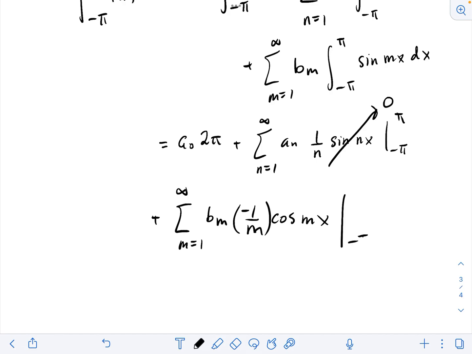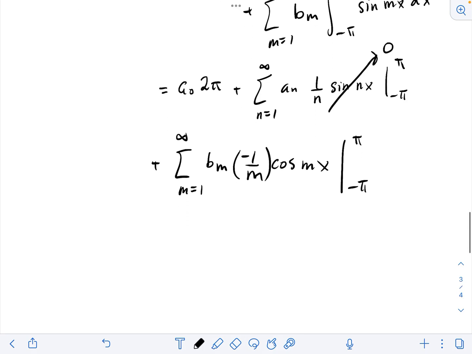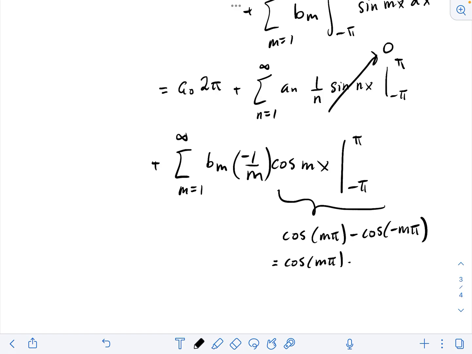But because cosine is an even function, well, let's write this out. This is cos of m pi minus cos of minus m pi. But cos is an even function, so this is cos of m pi minus cos of m pi, and that's equal to 0.